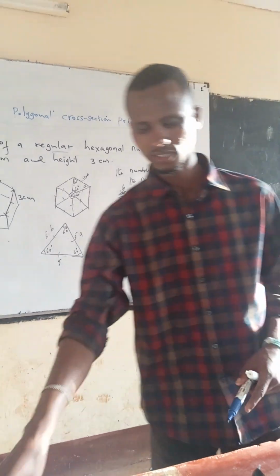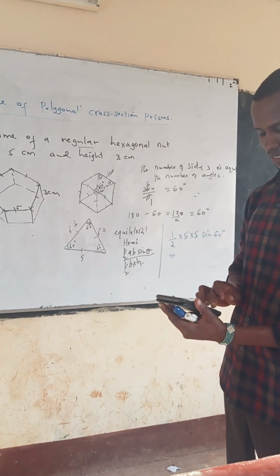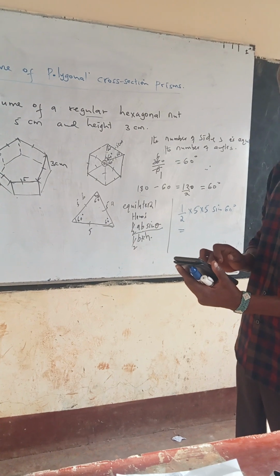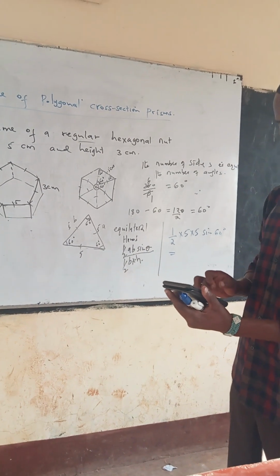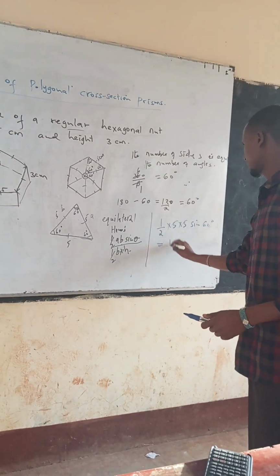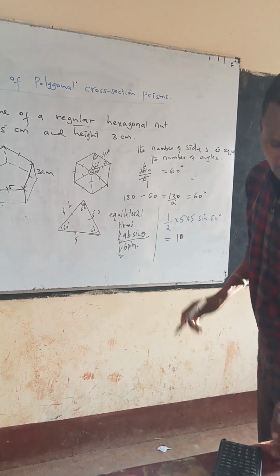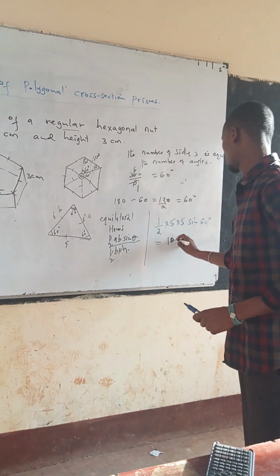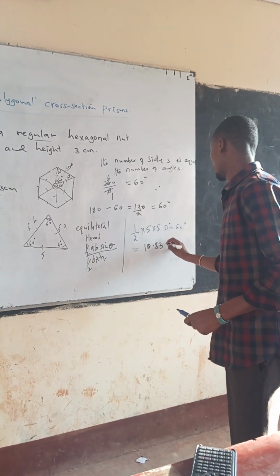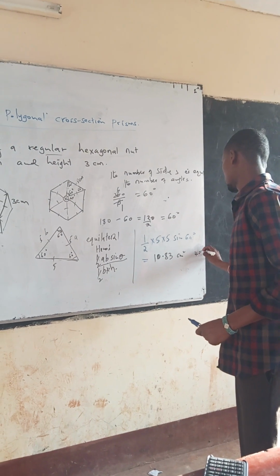If we work that out with our calculator, 1/2 times 5 squared sine 60, this will give us 10.83 centimeters squared, to 4 significant figures.